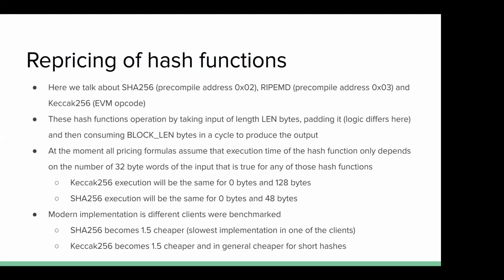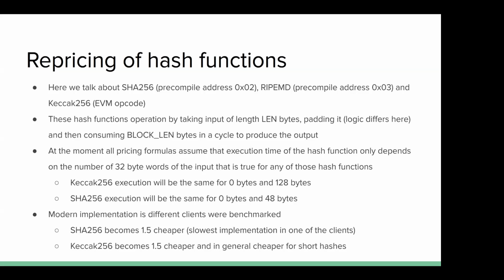And the funny fact is that some use cases will actually benefit from this repricing, because if one would do a binary Merkle tree, where you would do a lot of operations of hashing 64 bytes, then you would actually pay less than you would currently pay for the Keccak-256 function.